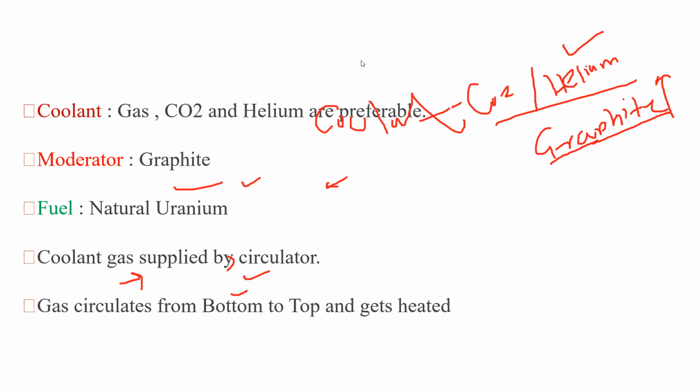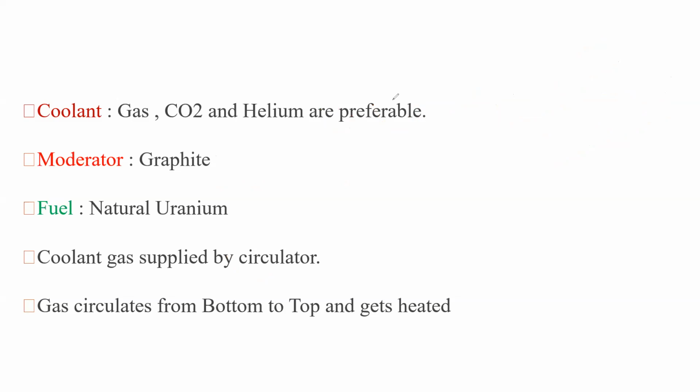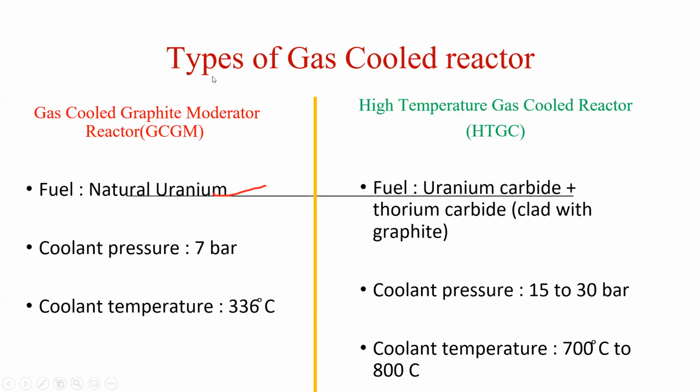Here we use natural uranium. Many times we use enriched uranium in the pressurized water reactor and boiling water reactor, but here we use natural uranium. The coolant gas is supplied by the circulator. Let's see which two types of gas cooled reactor are present.